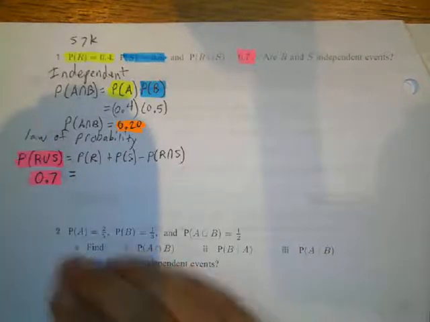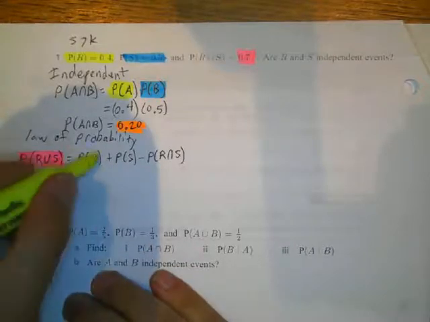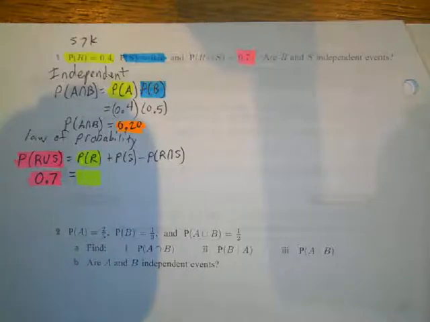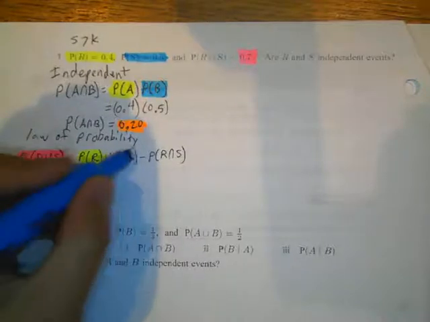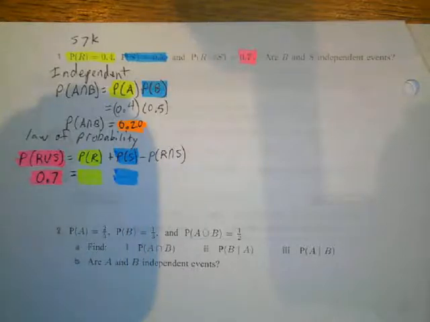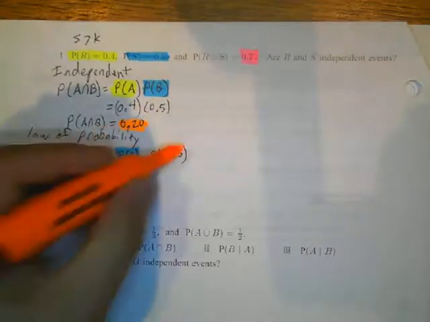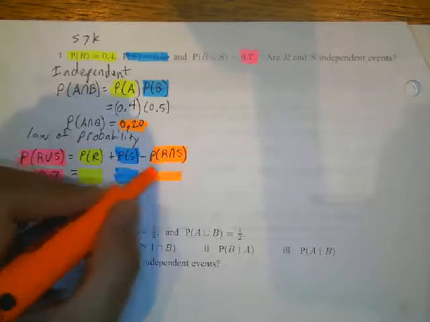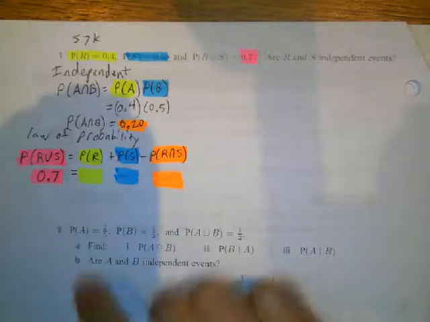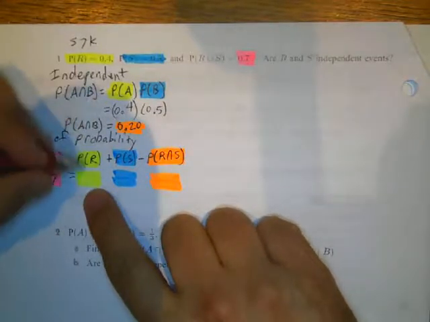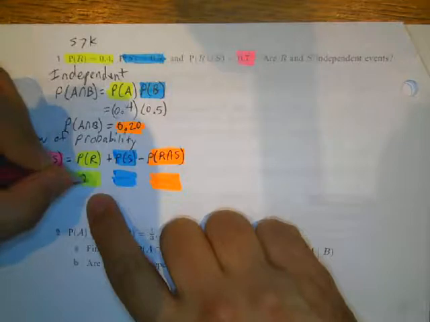So I'm going to replace this here with 0.4. I'm going to replace this here with 0.5, and I'm going to replace this here with our independent value, which is 0.2. And let's see if we get 0.7. So probability of A, or probability of R, is 0.4.